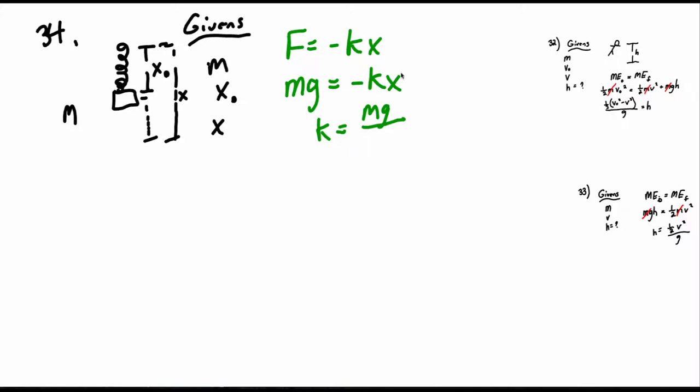This x value is my delta x, because we only care about how much it's stretched. To find that value, it's x minus x0. So we would have mg over x minus x0, and that gives me my spring constant.